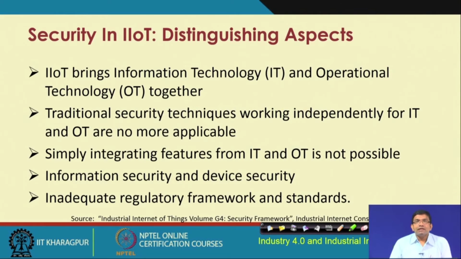Simply integrating features from IT and OT is also not possible and not desirable. Information security and device security will have to be considered together in order to come up with that IT or OT converged set of requirements for catering to the requirements of security in IIoT as a whole.